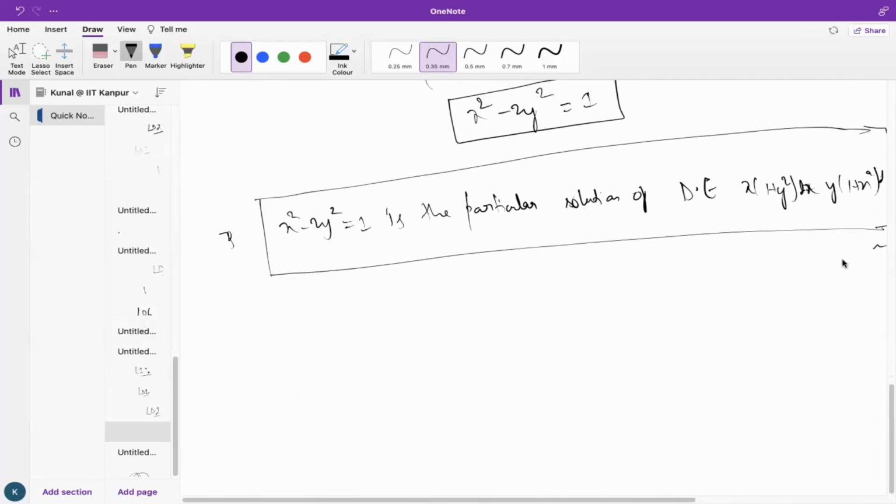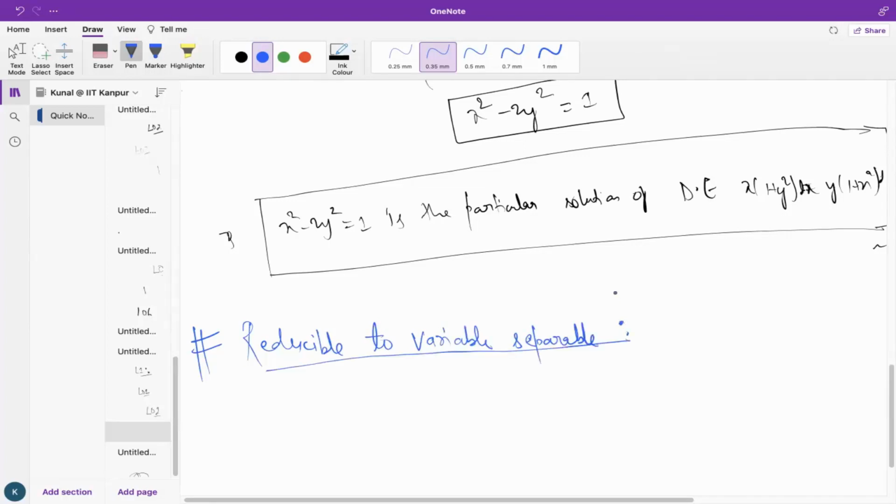Now we are going to learn a new thing, which is, let me write it here. Reducible to variable separable. Okay, so what does reducible to variable separable mean? Let me try to elaborate.